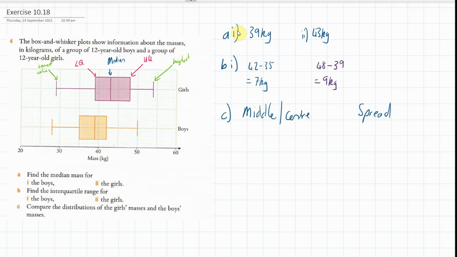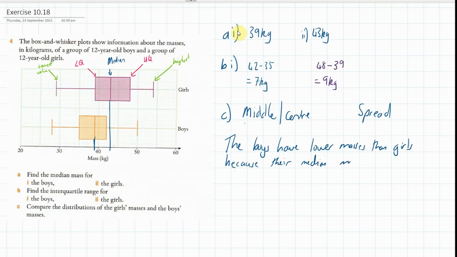So we would say the boys have lower masses than the girls, because their median mass is, I can't remember what we said, 39, whereas the girls is 43.